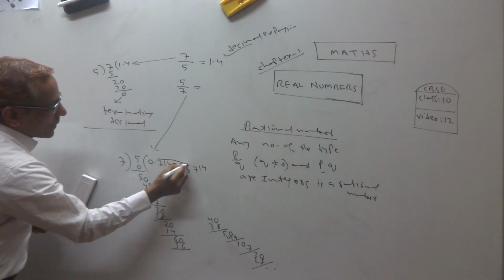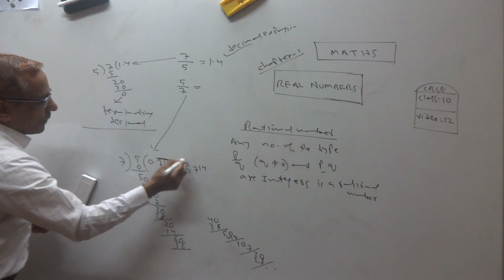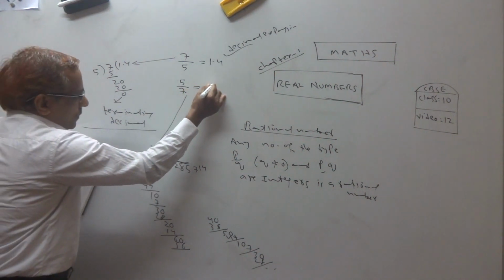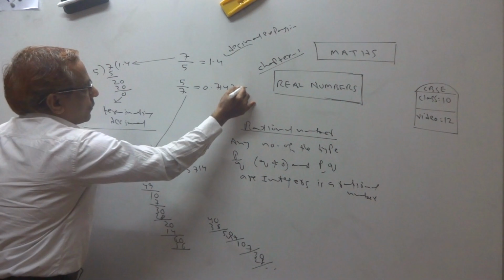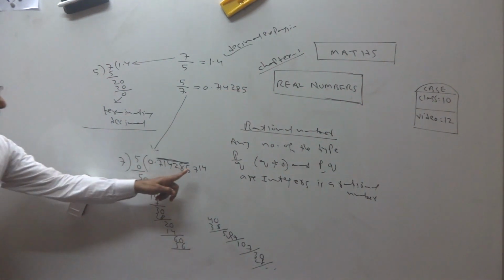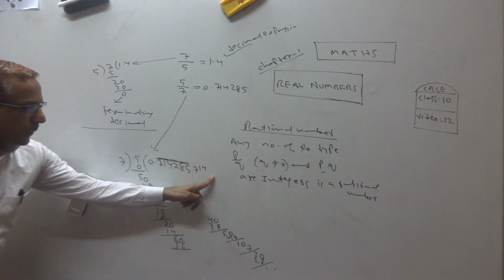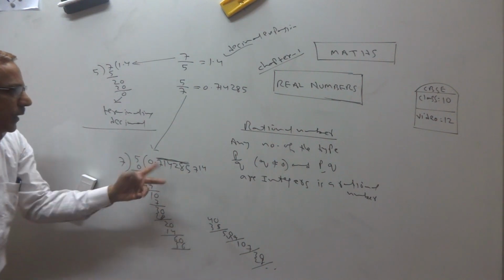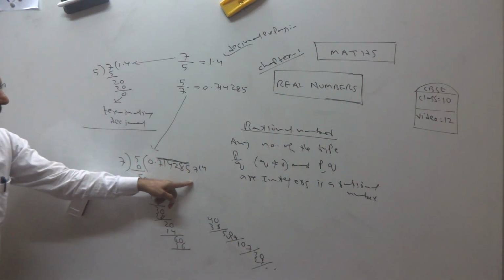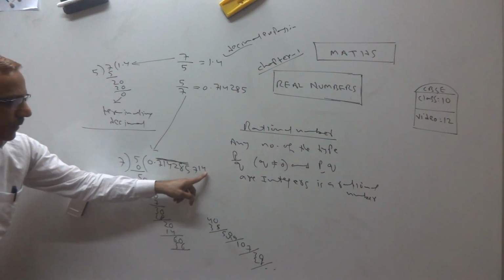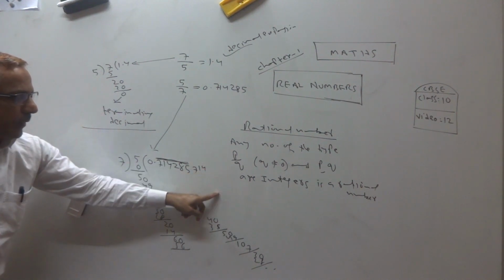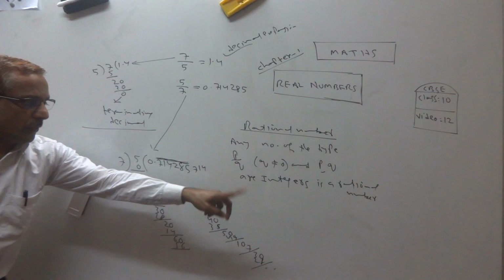We call this part repeating. 0.714285. Further, if you divide, you will get the same thing, 714285, 714285, 714285.